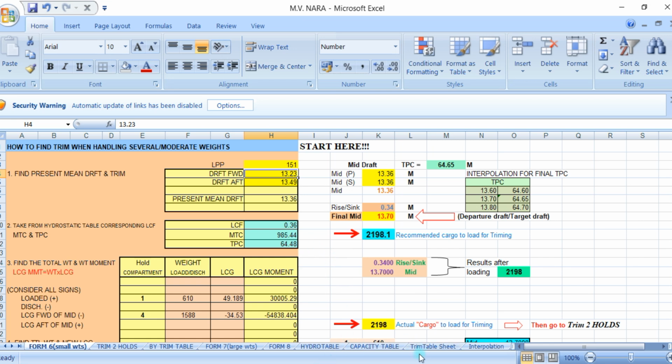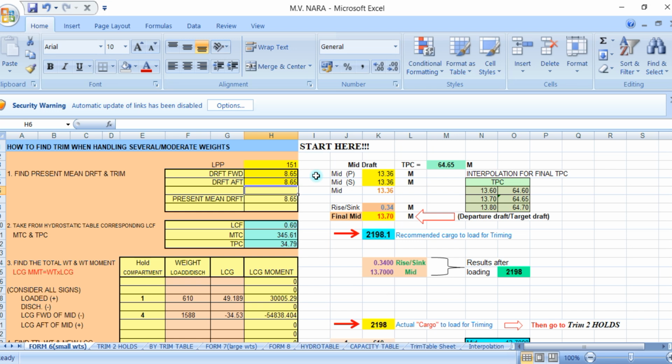So your initial draft was 8.65 forward and aft is 8.65. This is the actual practice. So with this draft, the chipmate and the draft surveyor will go around the vessel to take the actual draft.